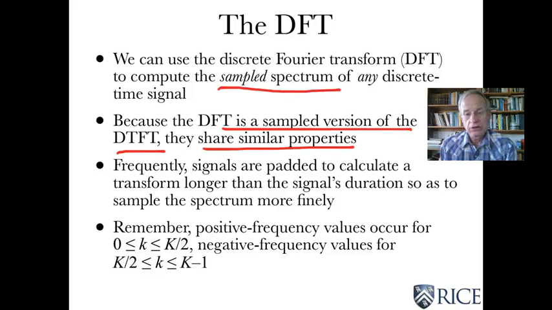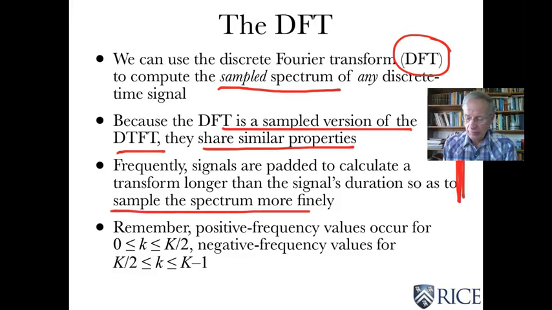In that way, we can compute the spectrum and get back the original signal. But we also know that you can pad with zeros, extend the signal with zeros, and take a longer transform, and that has the effect of sampling the spectrum more finely. And that is very, very useful in spectral analysis when you want to see all that detail that's there.